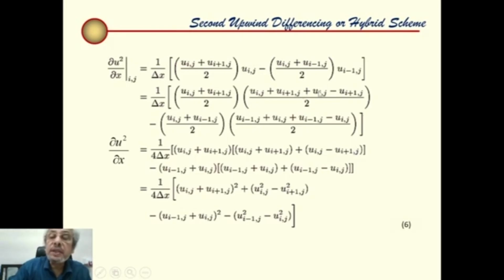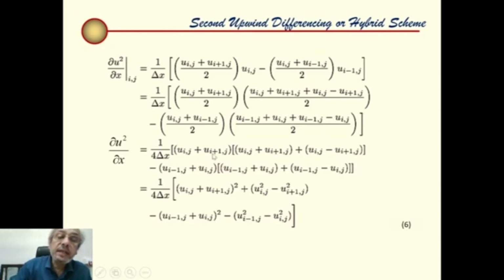Just we are regrouping this. Similarly, minus uij plus ui minus 1j, we are retaining this term, but the multiplication is being done with this bracketed term. So this bracketed term now we can write ui minus 1j plus uij, and ui minus 1j minus uij.